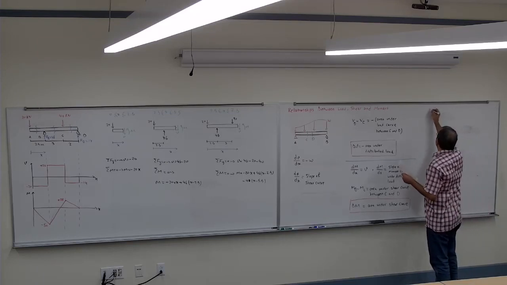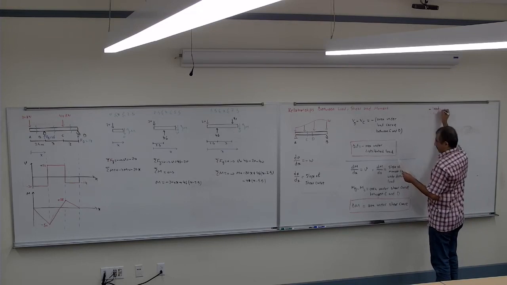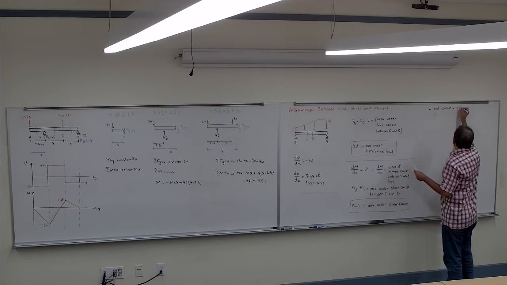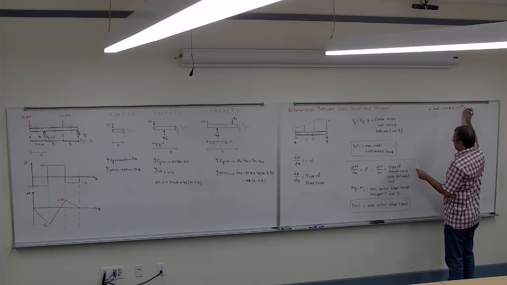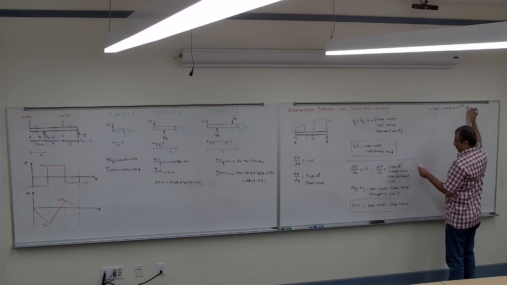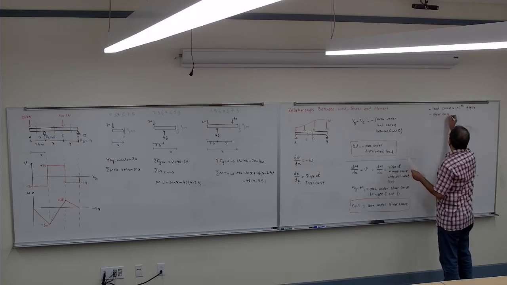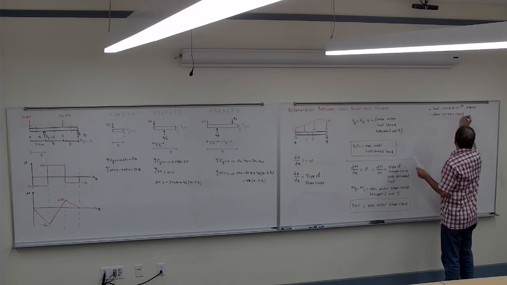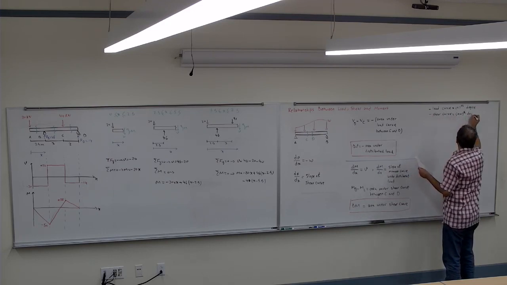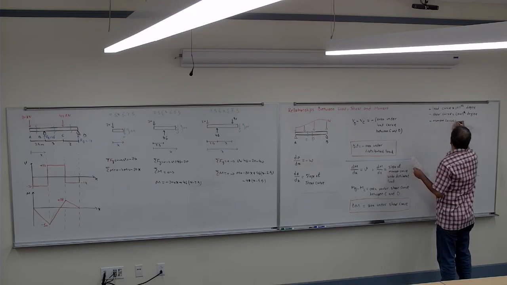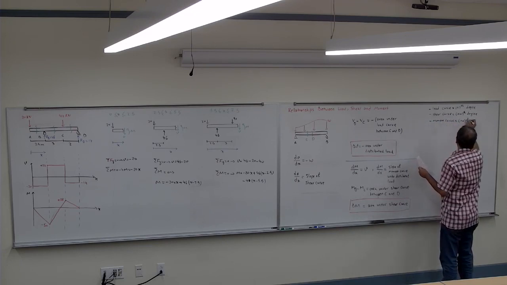If the load curve is nth degree, then the shear curve would be n plus 1 degree, and the moment curve would be n plus 2 degree.